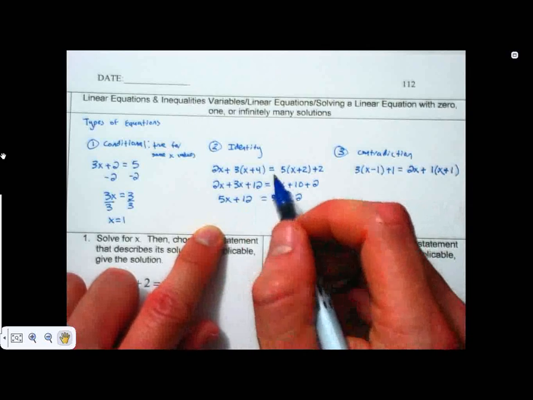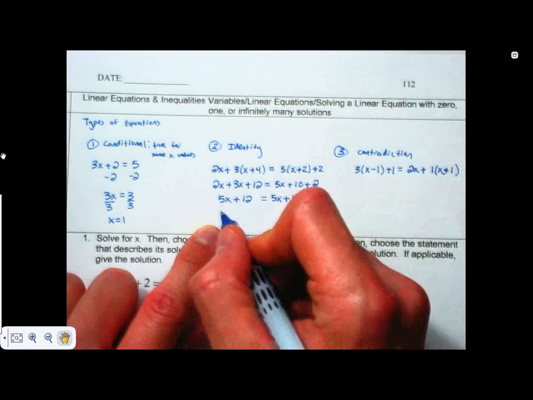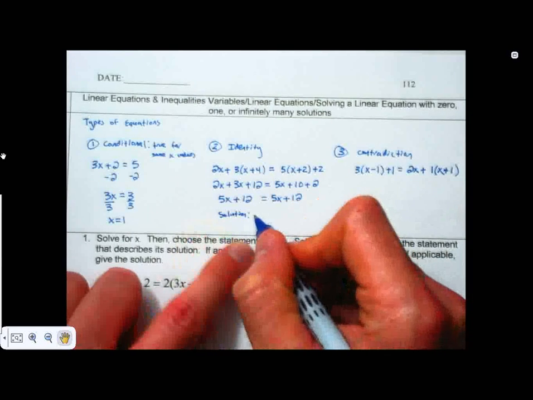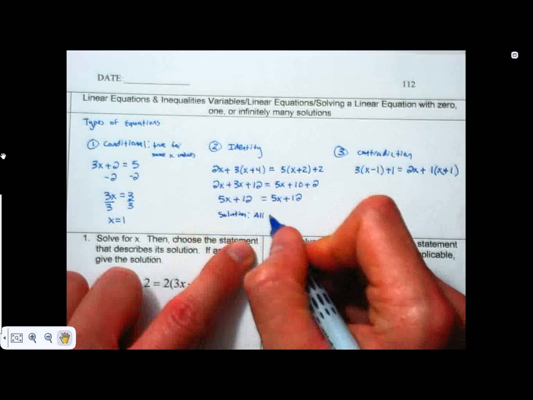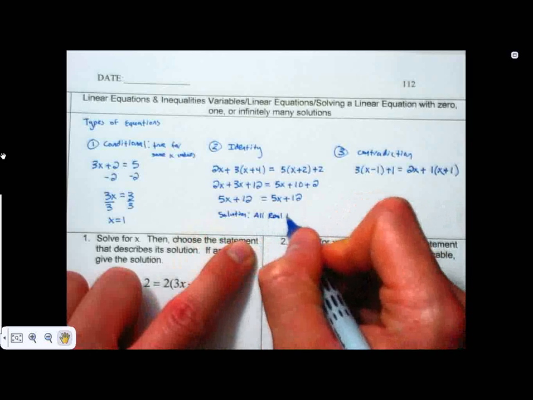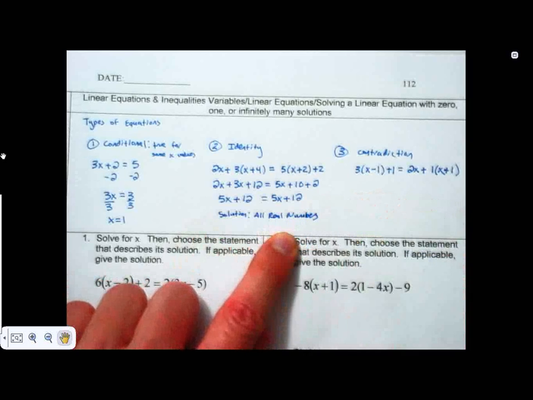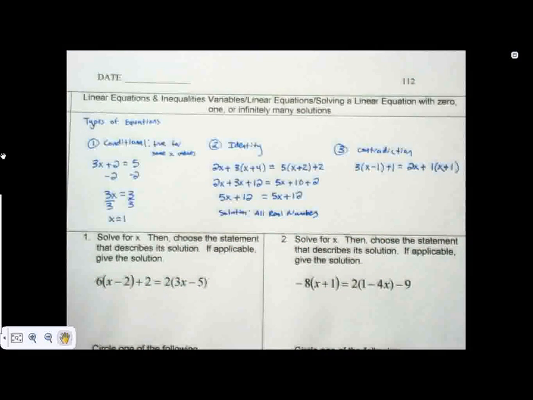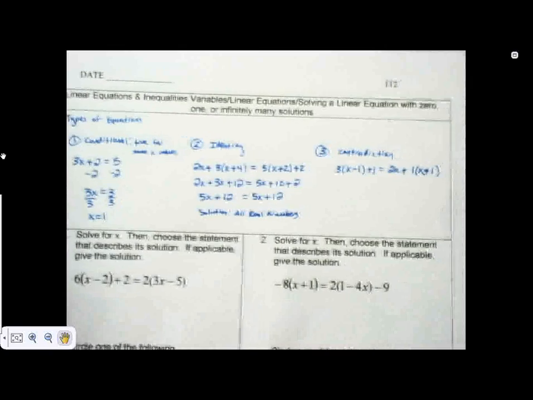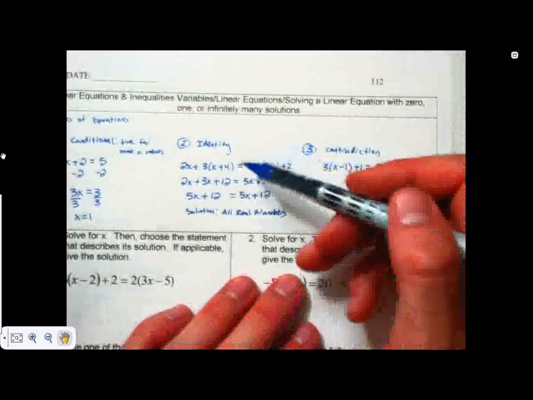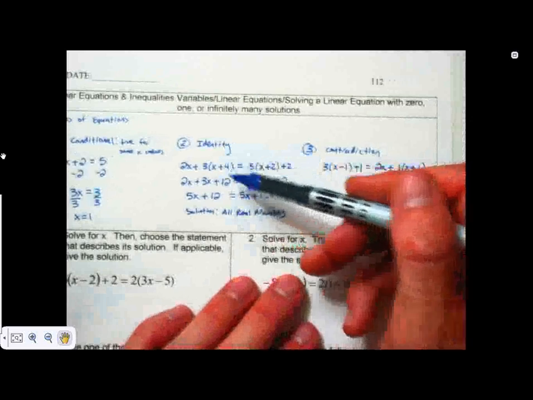So my solution for this one would be all real numbers. By the way, an identity is just an equation where the solution is all real numbers.